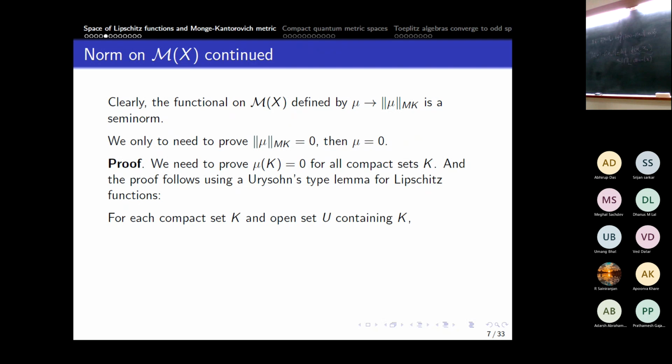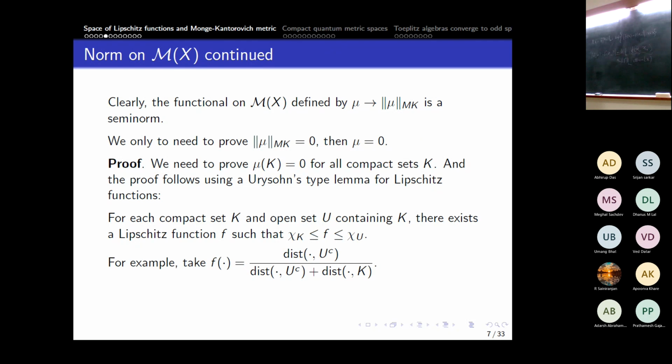We should state basically that if you have a compact set K contained in an open set U, then we should be able to find a Lipschitz function which is sitting between the characteristic function of K and the characteristic function of U. And finding this Lipschitz function is very easy because we are over a metric space, and this is a kind of Lipschitz function we can get. It's a simple calculation to prove it is a Lipschitz function with this bound on the Lipschitz norm. So just using this Urysohn type lemma, we prove that it's a norm.